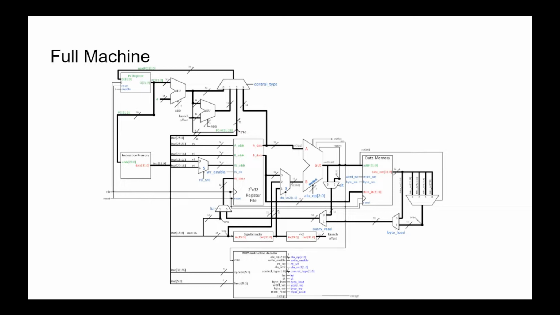Then we have ALU op, then we have mem-read, set less than, word write enable, byte write enable, and byte load. And then we're also going to need one extra control signal called signed.